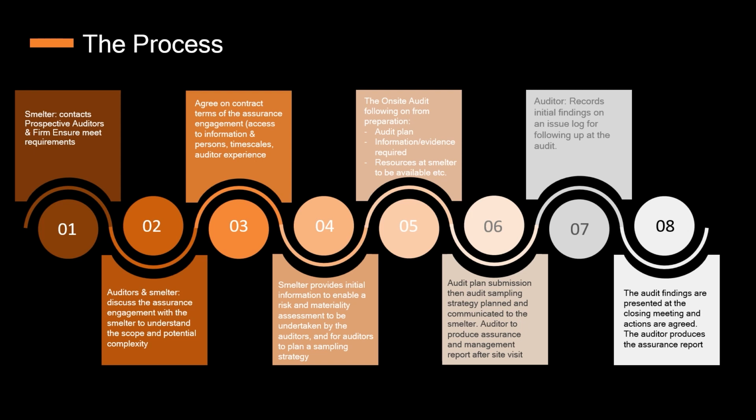And if there are any differences of opinion between the auditor and the smelter, that needs to be recorded at the closing meeting. And it's reasonable to expect that the auditor or audit firm provides the assurance report to the smelter within a month of the closing meeting.